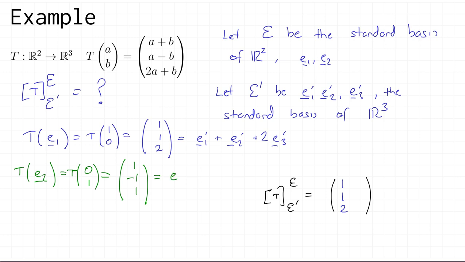It is E1 prime minus E2 prime plus E3 prime. So we've just figured out the second column of our matrix, and that second column is (1, -1, 1). Okay, we've done it. That is the matrix of this linear map T with respect to initial basis, the standard basis of R squared, and final basis, the standard basis of R cubed.